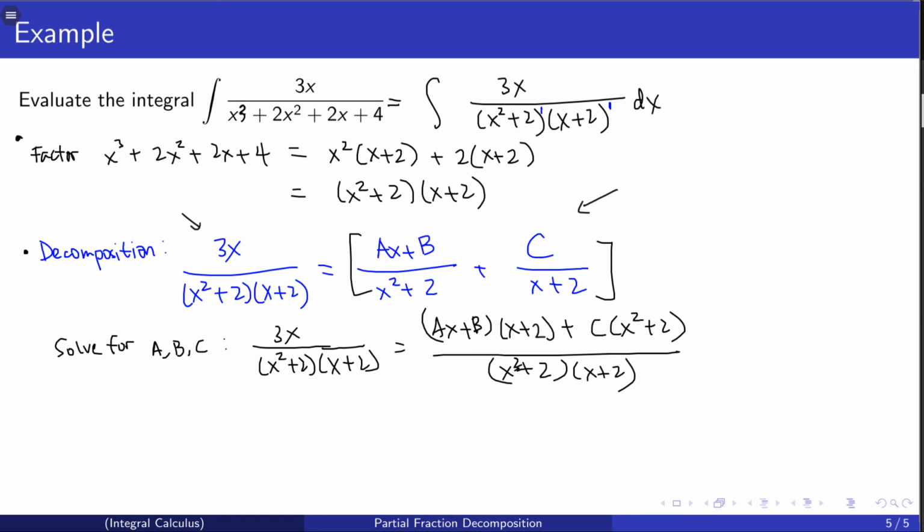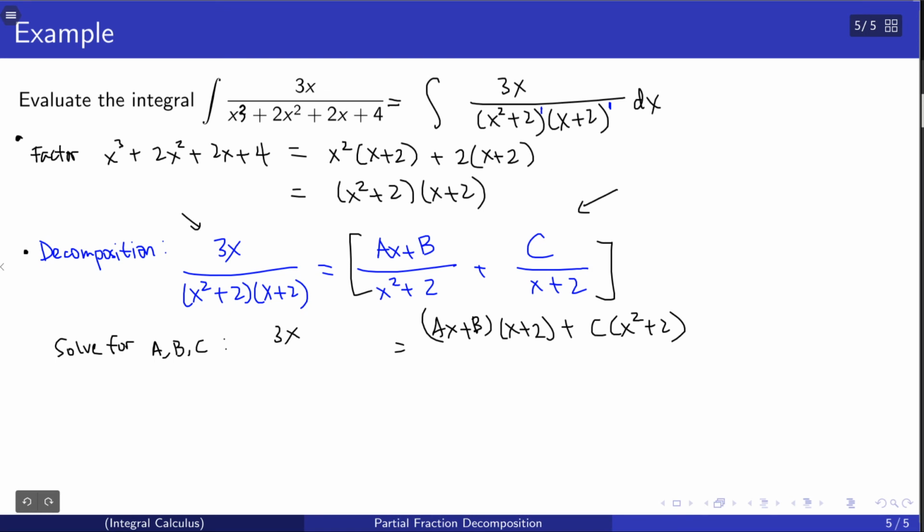Well, the denominator is the same here in the equation I came up with, so I can just erase the denominators and just deal with the numerators. Right, so really, I'm looking for a, b, and c so that the left-hand side and right-hand side are equal. Right, so I can do this a bunch of ways. The first way is to plug in values for x.